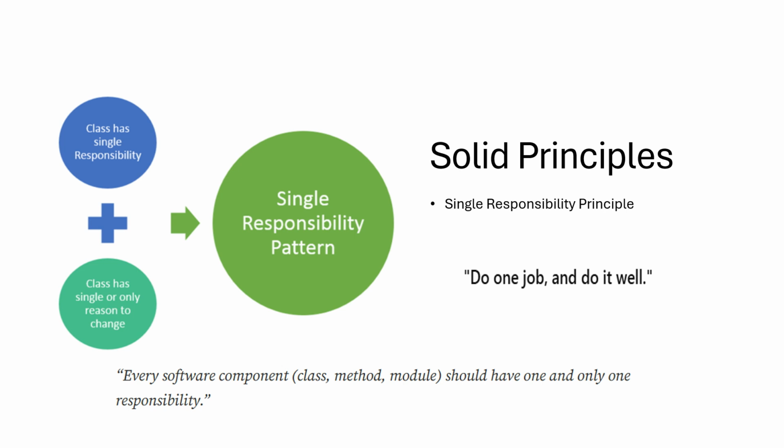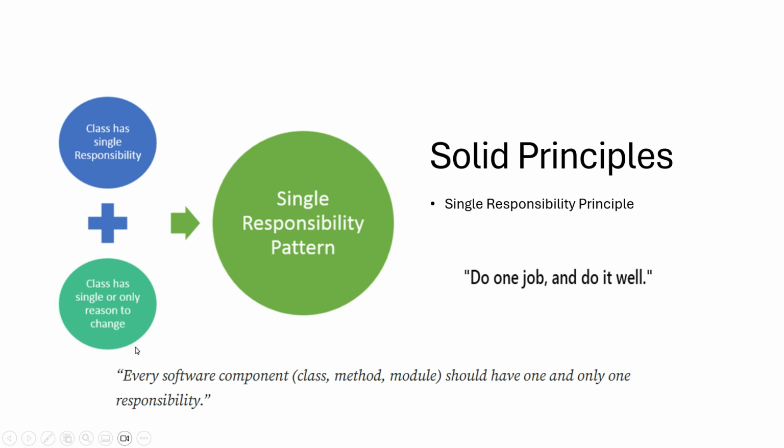What does this mean? That a class should have a single responsibility. It means that we should not have every functionality in one class only. We should have a single functionality that performs a single function at a time. Next, a class has a single reason to change.